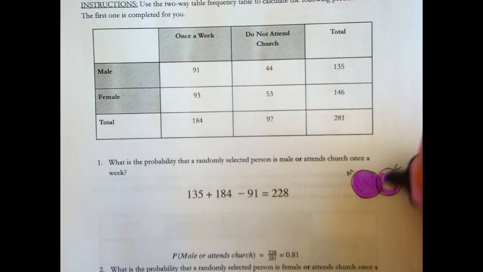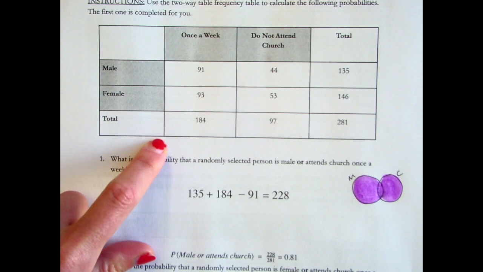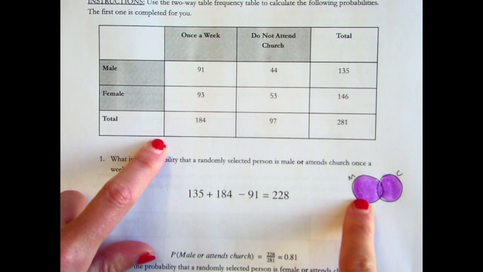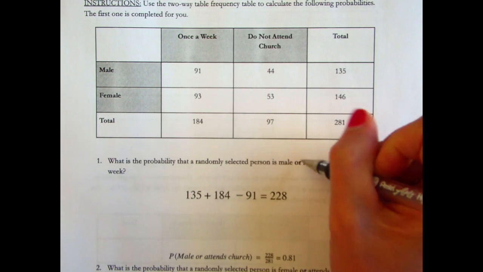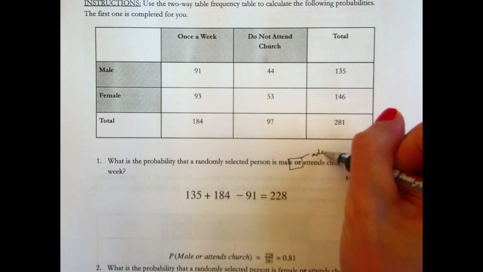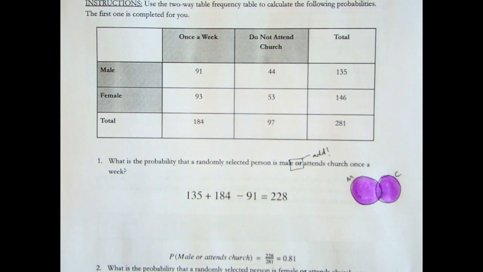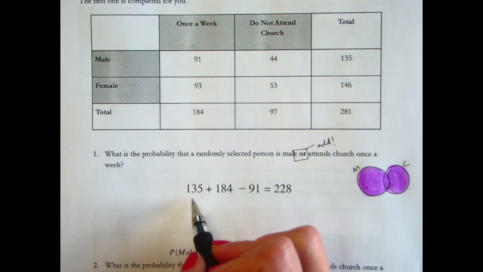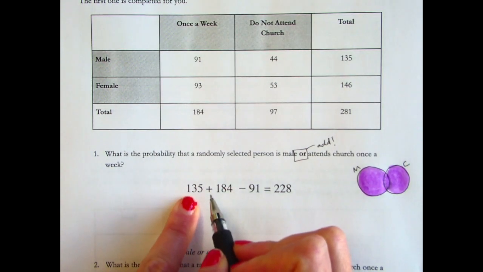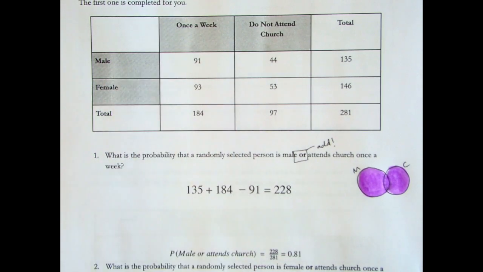On the two-way table, we can see that to find the total of males or attend church, we're going to have to add. This word "or" is always going to mean to add together probabilities to get the total. So I took the 135, which comes directly from the total males.